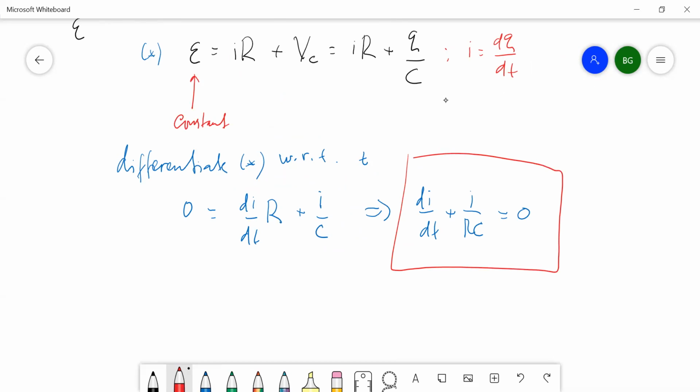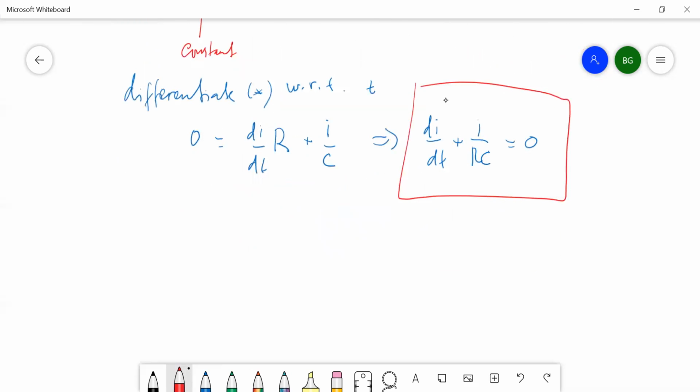The solution of this first order differential equation is something like this: I(t) equals I0 e to the minus t over RC.